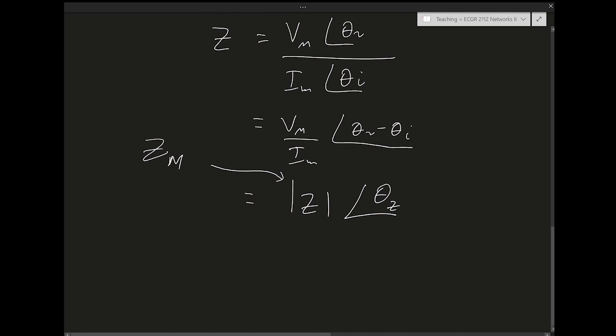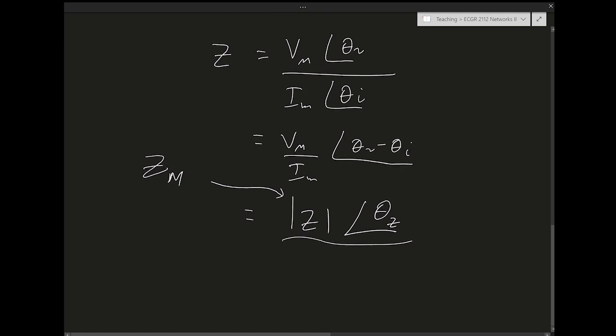In rectangular form, I can write this as Z of omega, putting in omega to emphasize that the impedance in AC analysis is going to depend on the frequency. We discovered that for the inductor and the capacitor, the relationship between V and I depends on the frequency. It looked something like j omega L and 1 over j omega C, right?